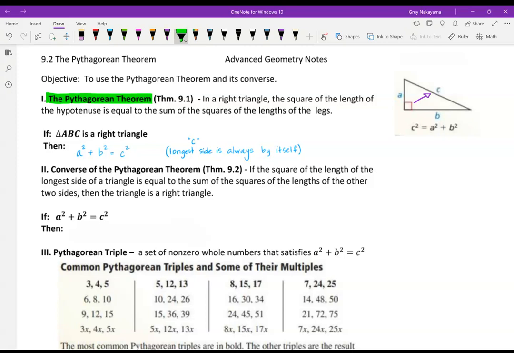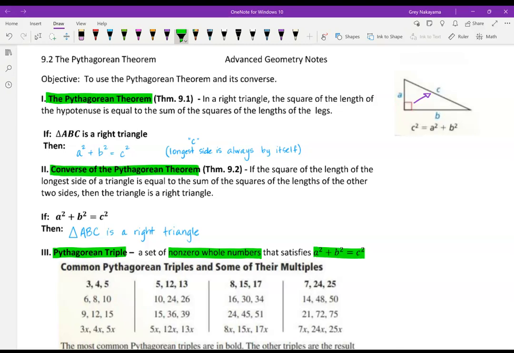All right, the converse of the Pythagorean theorem, y'all, says if I have a squared plus b squared equals c squared, then I know that ABC is a right triangle. So we have Pythagorean triples, and those are sets of non-zero whole numbers that satisfy the Pythagorean theorem.